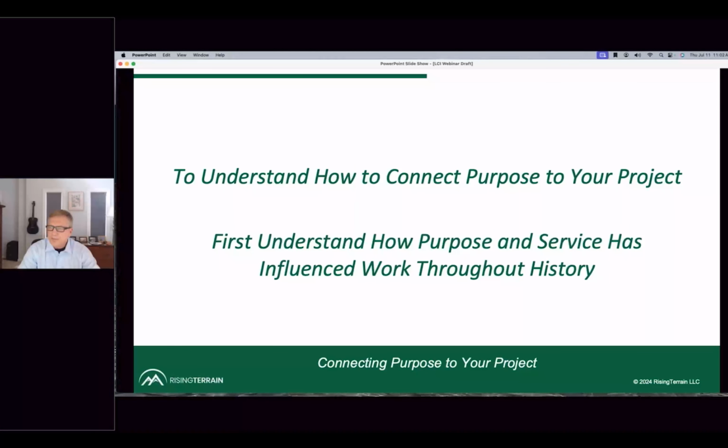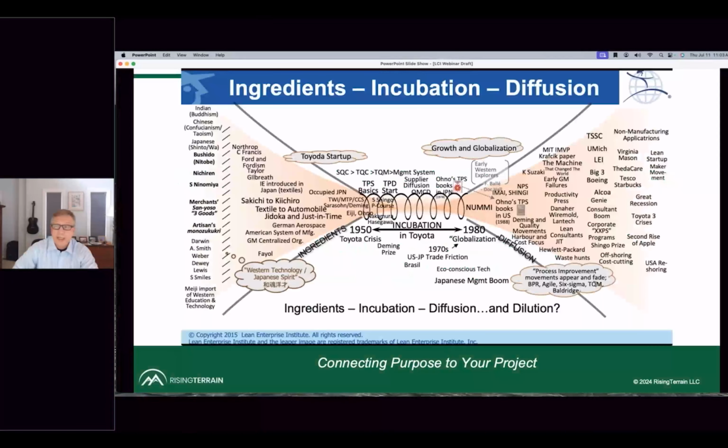I want to set this in terms of a little bit of history. This idea of connecting purpose to projects is not new, and I'm going to follow a certain stream of history just to show that this has really informed a lot of the work in lean as well. To start that off, I'll show this slide that was created by John Shook.